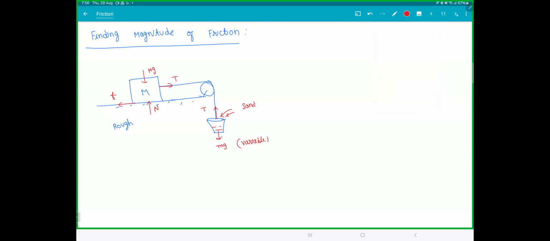Now, like I said, it's an experiment. You keep on adding sand and we want to see what happens. This is what we observe. As the mass m, that is basically the sand, increases, you have to put the sand slowly. We observe the block does not move up to a certain value. That means tension is equal to mg.